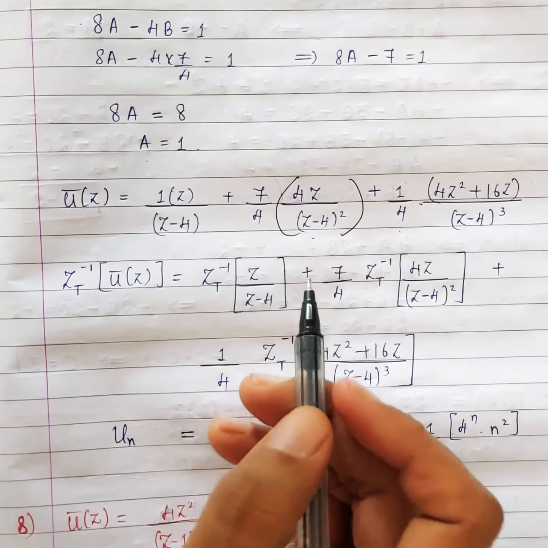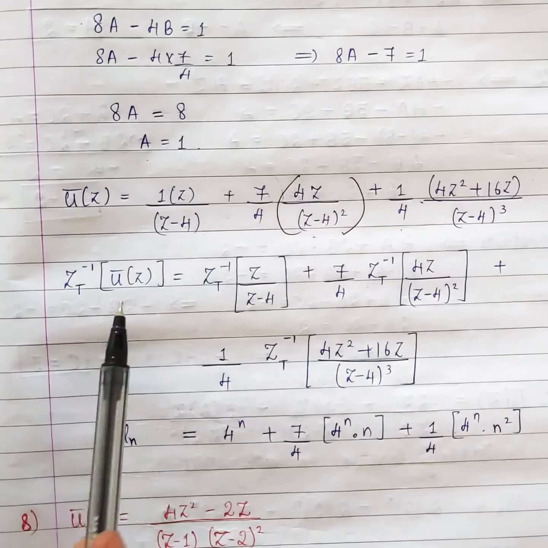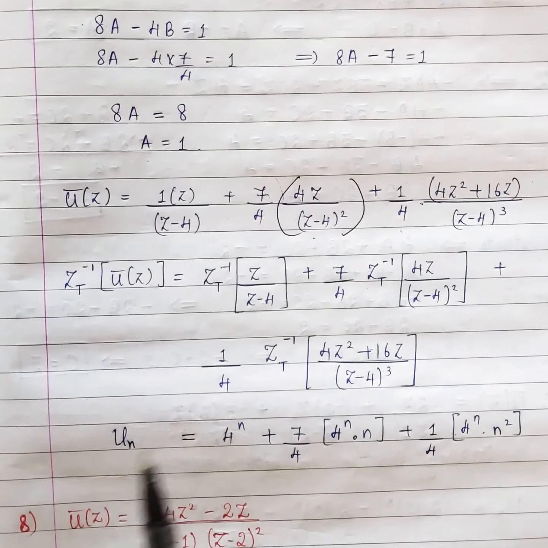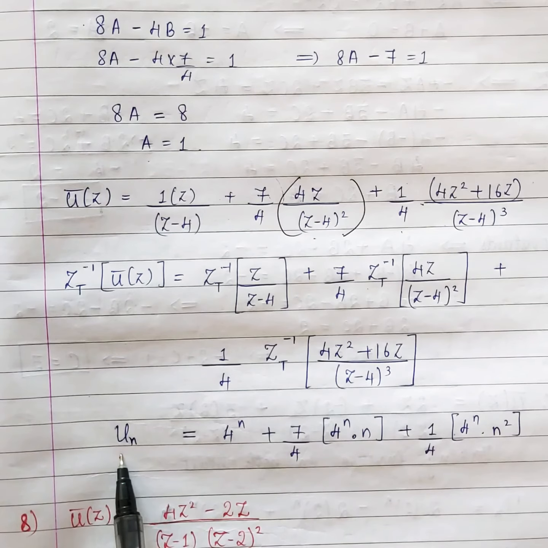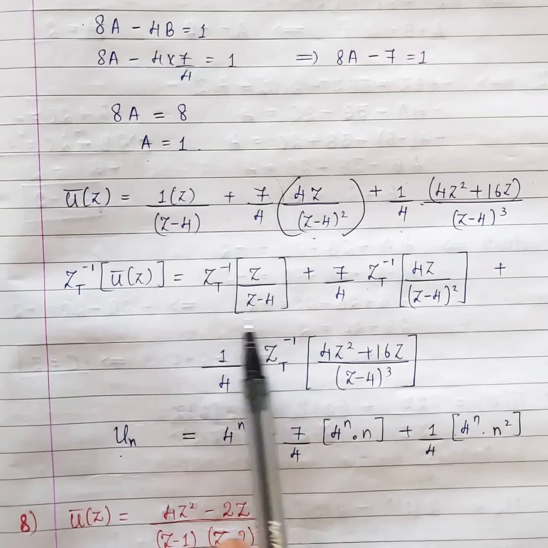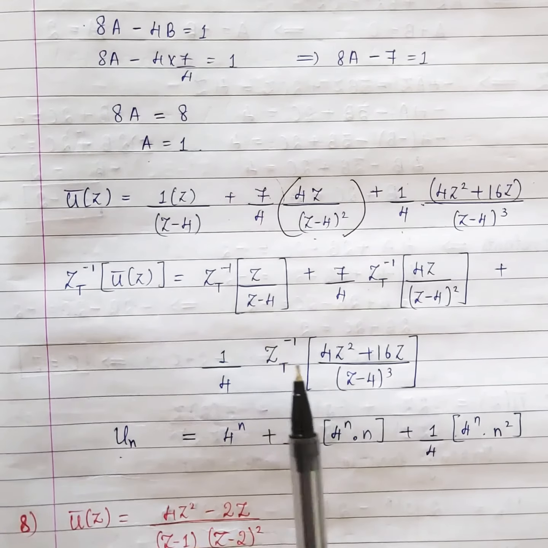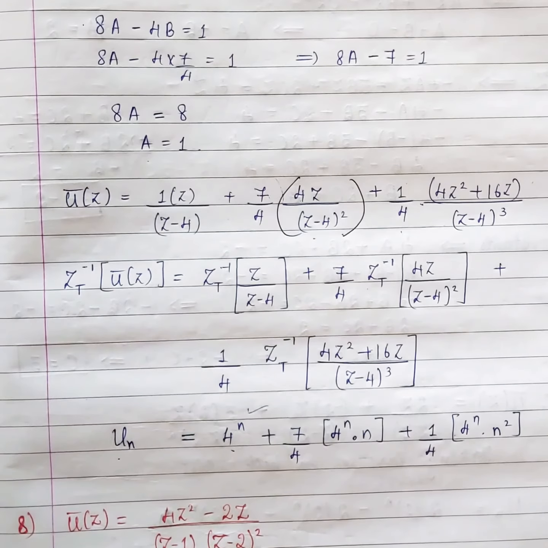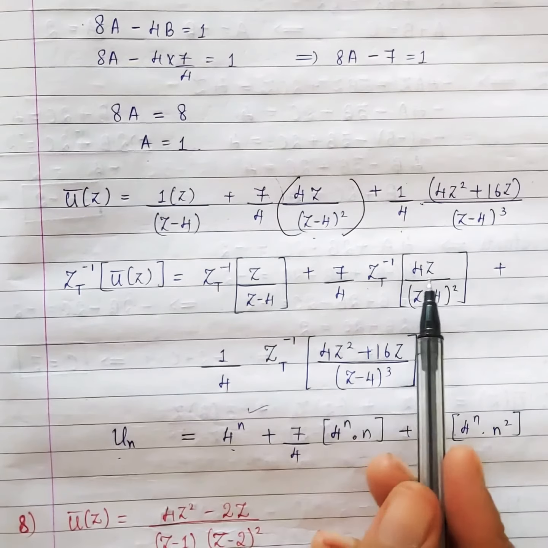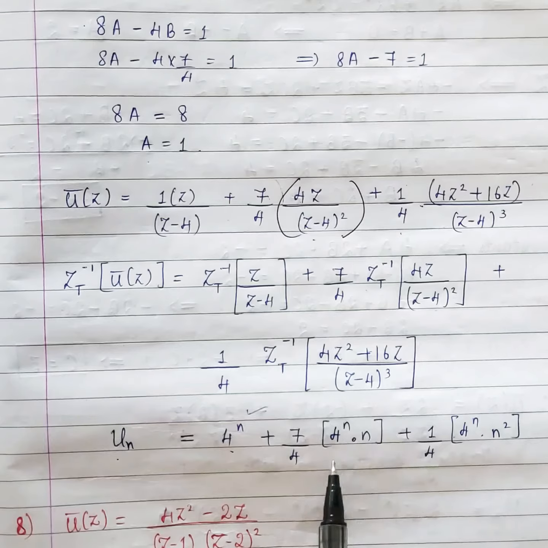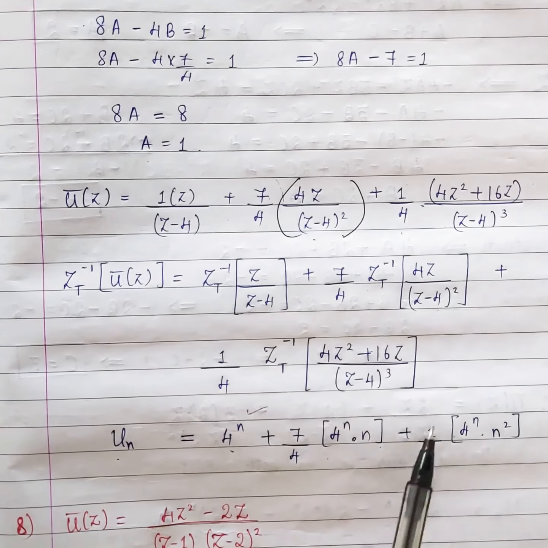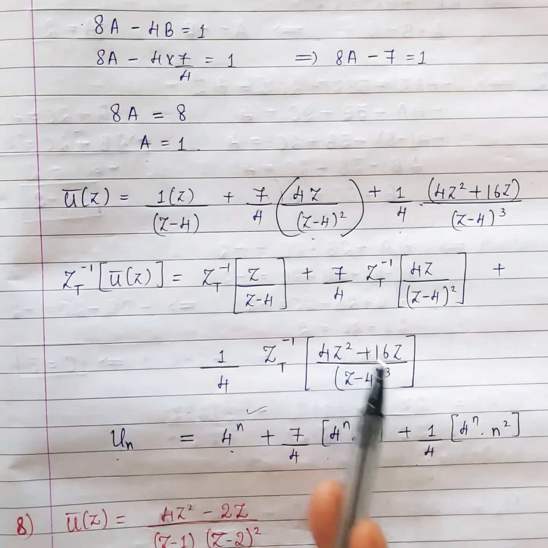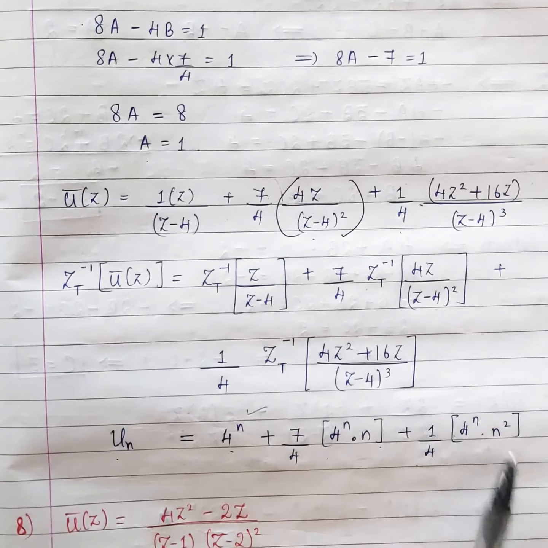So now applying z transform inverse on both sides, we get z transform inverse of u bar of z, I will get u n, and z by z minus 4 we have, so that is nothing but k power n, so 4 power n, and 7 by 4 into k power n into n, 4 power n into n, plus last term k power n into n square, that is 4 power n into n square.